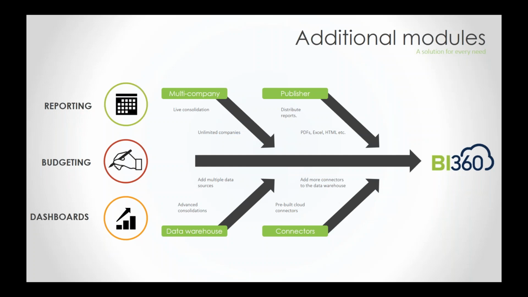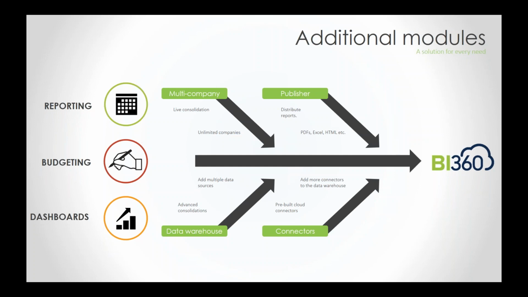The data warehouse I have mentioned, it's for advanced consolidation and of course to add more than one data source. So if you're running Business One with some other systems, we can put the data warehouse in, we can import values and data from Business One, but basically from any other systems as well, cloud-based or on-premise. So that is a very flexible solution.